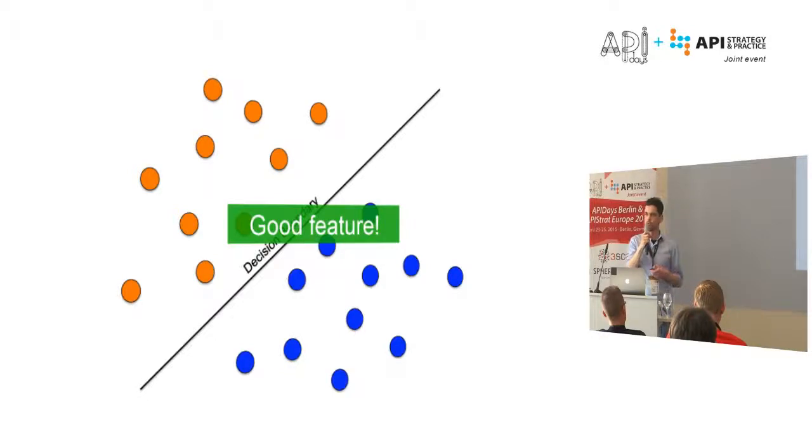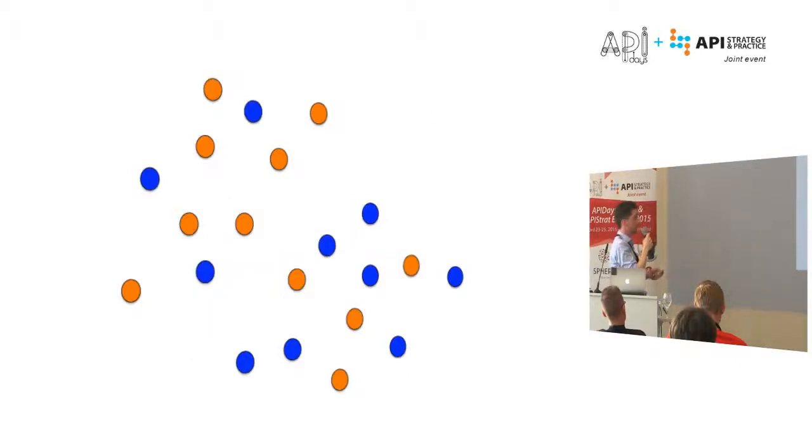But this already gives you a certain idea how important that actually is. The only thing that a machine learning model is doing is providing you this decision boundary. It doesn't tell you anything about the features that you need to put into it. So this seems to be a very good feature because it's pretty easy to come up with a classifier for it.